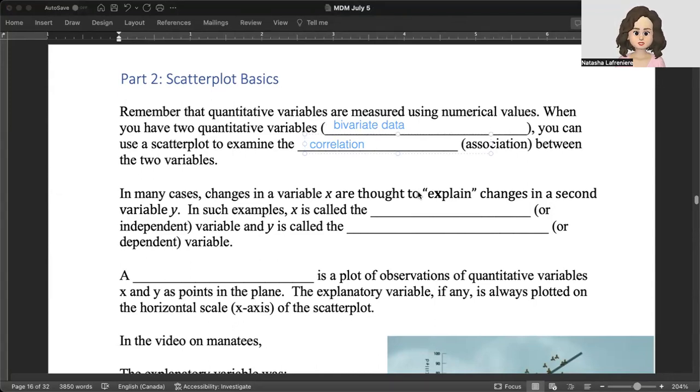In many cases, changes in a variable X are thought to explain changes in a second variable Y. In such examples, X is called the explanatory or independent variable. So independent is your X part of your graph.